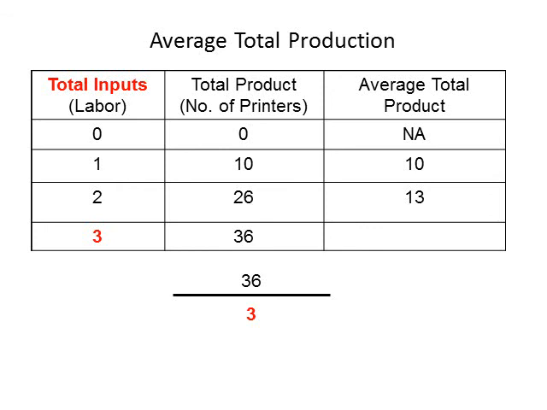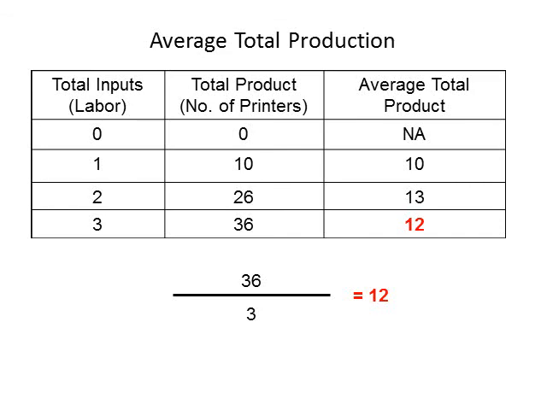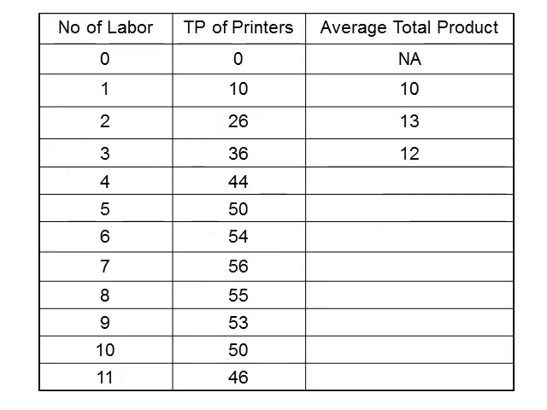Next, locate the total input for the production of 36 printers, which in this case is 3. Next, divide total production by the total inputs, in this case 36 divided by 3. 36 divided by 3 is 12. Next, put 12 into the fourth row of the third column.